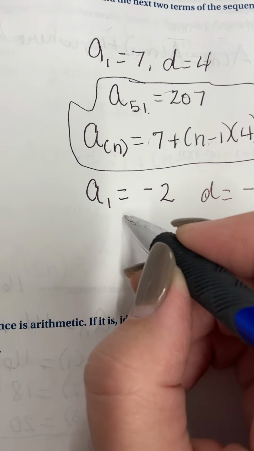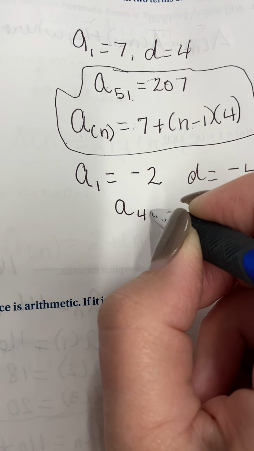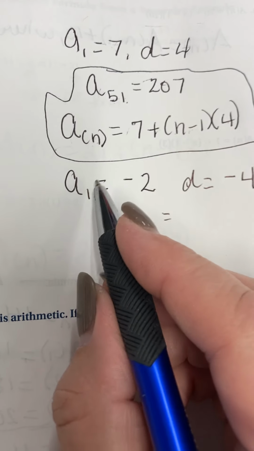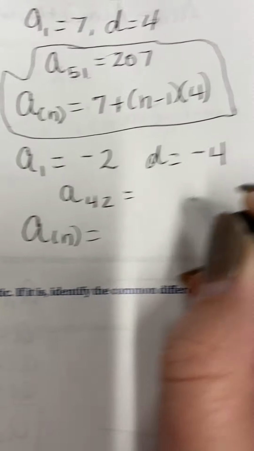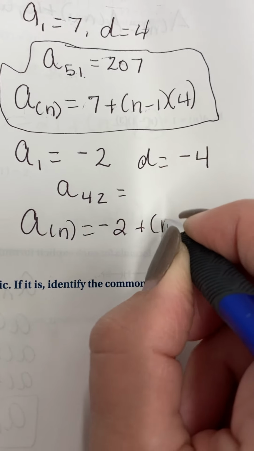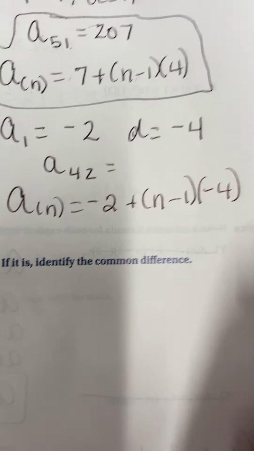And I'm going to ask you to find the 42nd term. All right, so write your explicit formula first. So write a sub n, first term, negative 2 plus n minus 1 times your common difference of negative 4.